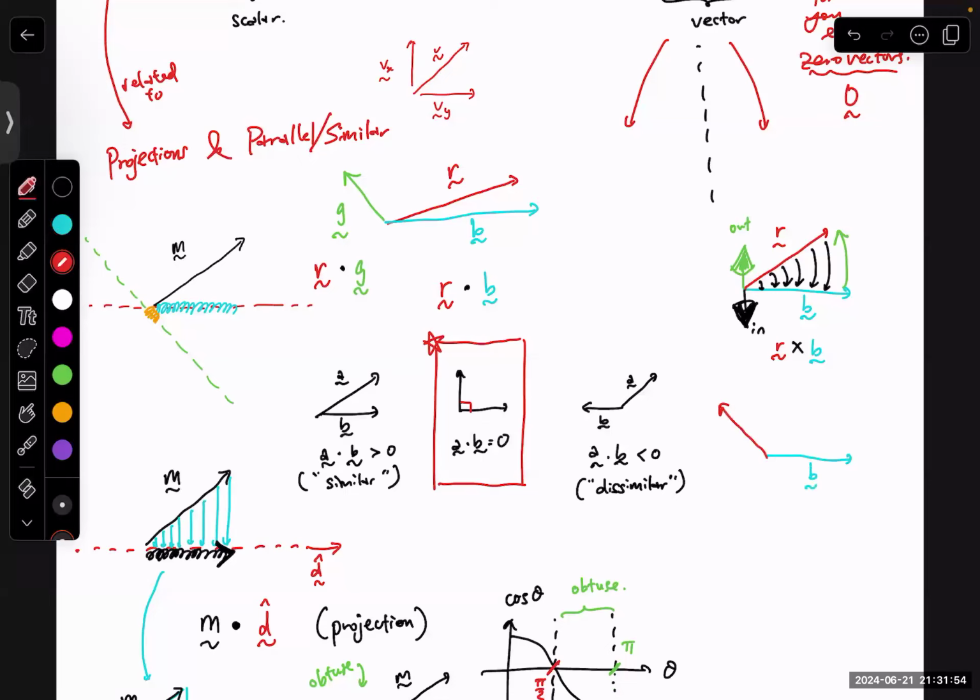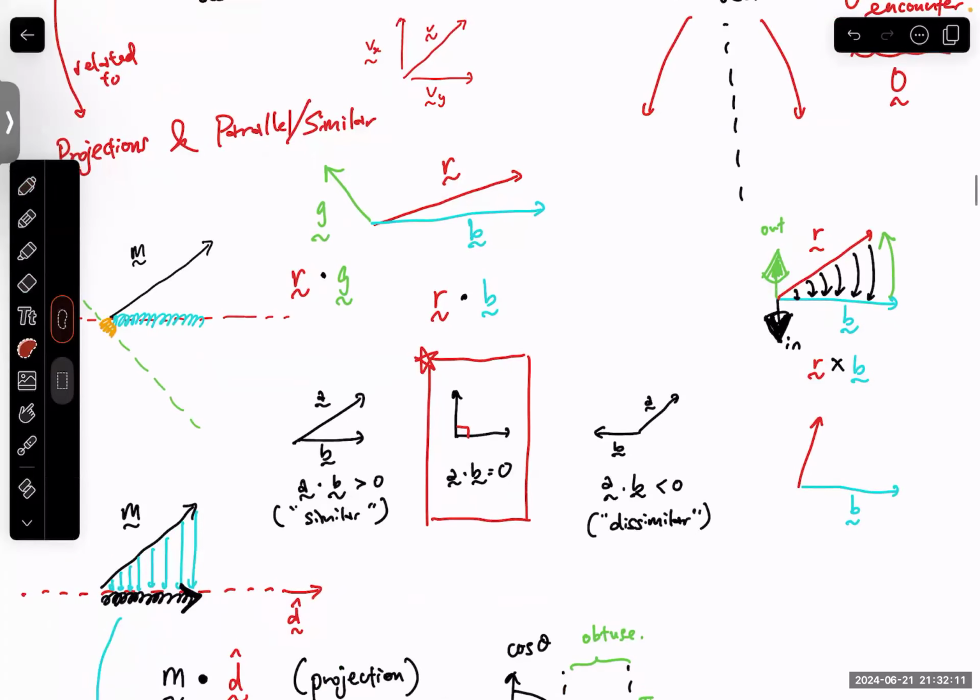Instead of doing that, let's do something less confusing. To make things clearer, let me draw the angle a bit smaller. So let's say the vectors are like this. Okay, so I have this sweeping.